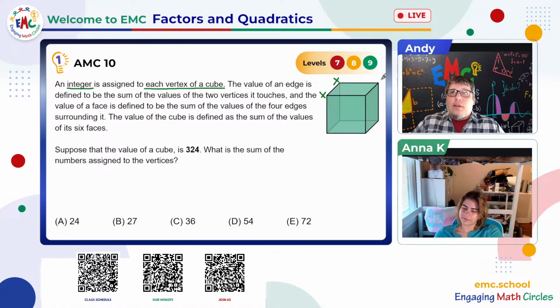We could. What if they all had the same value x? Then there's one, two, three, four. One, two, three, four. And how much is each edge worth? It's worth 2x, and then this would be worth 4x, for the face? Well, yeah.